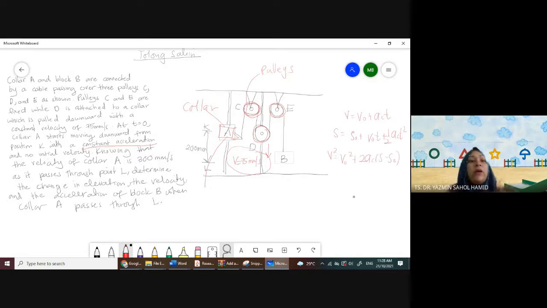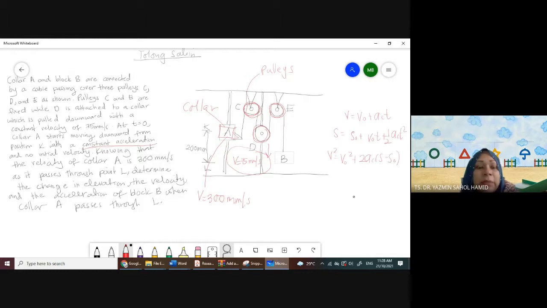And no initial velocity, knowing that the velocity of collar A is 300 millimeter per second when it passes through point L.